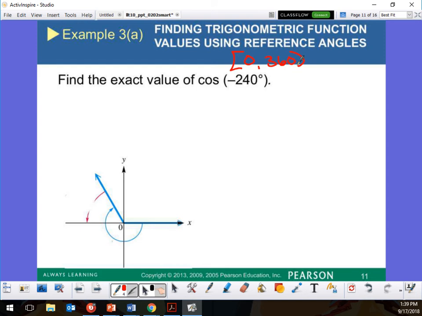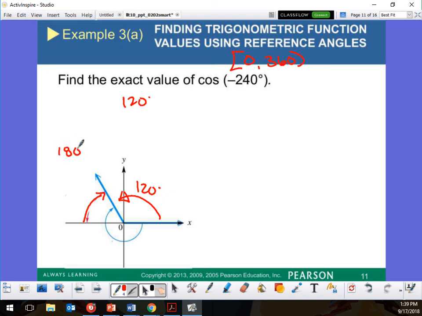So I found that one. It's 120 degrees. That's my angle, right? So from here to here is 120 degrees, but that puts me in what quadrant? Quadrant 2. So I need to find the reference angle from here to here. If it's in quadrant 2, what did I say to do? 180 minus theta.